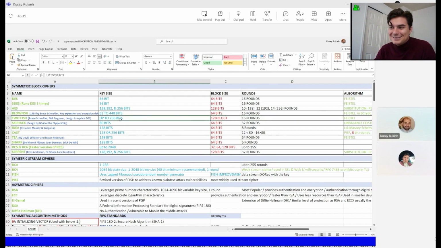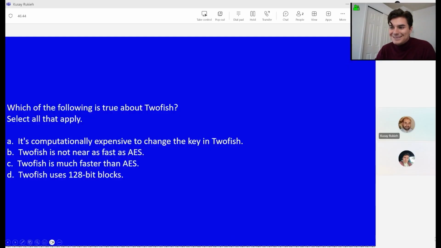But key changes are computationally expensive because you can select, unlike AES, which has preset sizes 128, 192, and 256. For Twofish, you can select weird sizes, maybe 50, 150, and 250. That variability on the key size comes at a cost of more CPU power. Okay, that makes sense. So the answer here is ABD, that's correct.